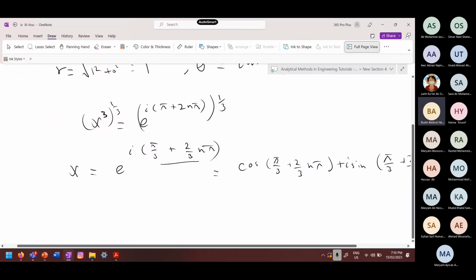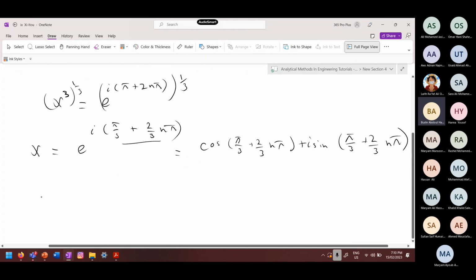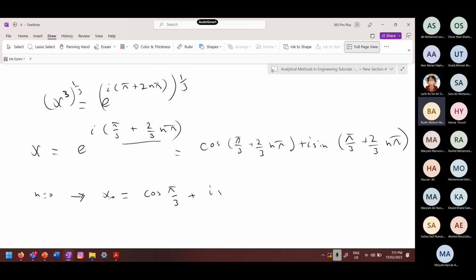Okay, now we need to work on the n values. Let's say you have n equal to 0. x of 0, or x naught, will be equal to cosine pi over 3, because n of 0 just cancels this term, plus i sine pi over 3.